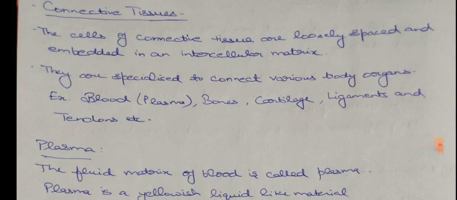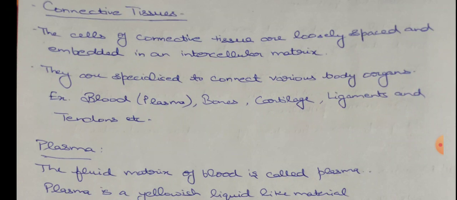Then stratified squamous epithelium is also squamous epithelium but arranged in layers, which is why it is called stratified squamous epithelium. They are present in the skin, which protects the body. The main function of epithelial tissue is protection.